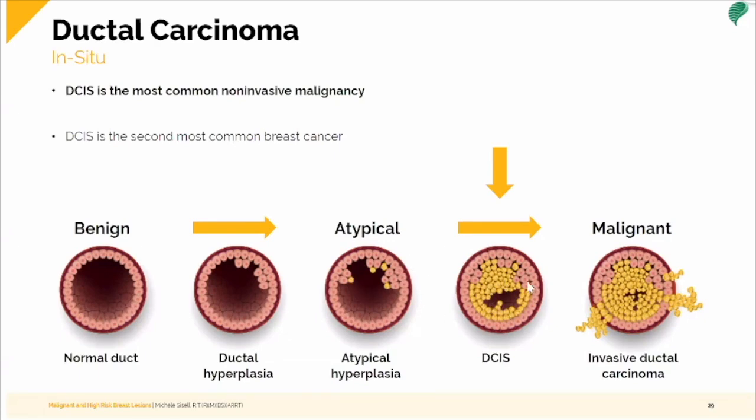And then we get to DCIS, where it's showing that we are going to be having some epithelial cells in the canal that are definitely abnormal in shape and have multiplied to a point that it is now considered a cancer. And then lastly, we have that invasive ductal carcinoma, IDC, where the abnormal epithelial cells have broken through the basement membrane of the duct and are spreading to surrounding tissue or even organs.